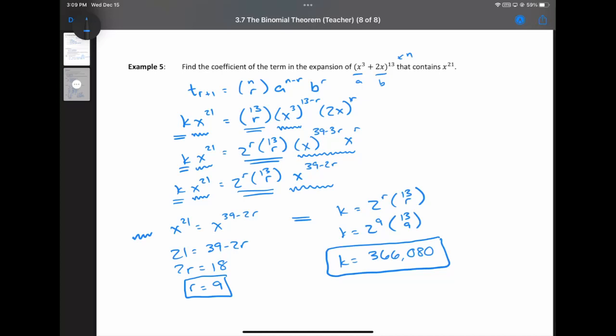Or I could ask, what is the term number of the term containing x to the 21, in which case the answer is 10, since the term number was r plus 1, and we found out that r was 9. So just be careful you know what it is you're trying to answer at the end, instead of just being so happy that you've done the math that you forgot what you were doing with it.